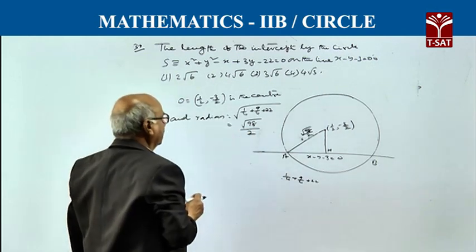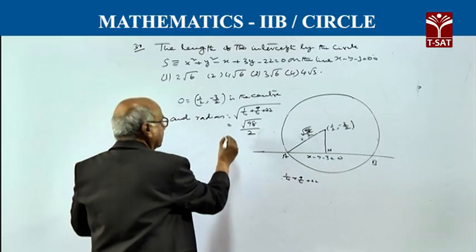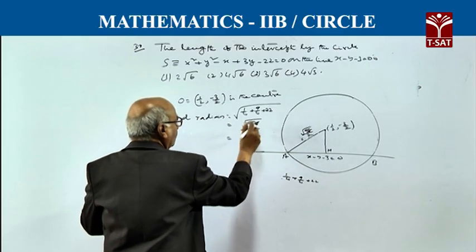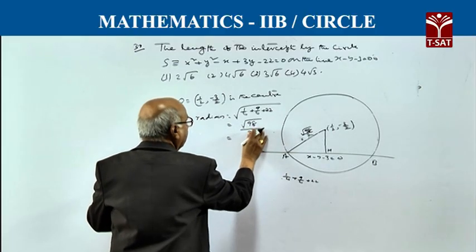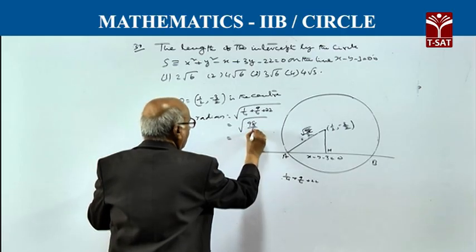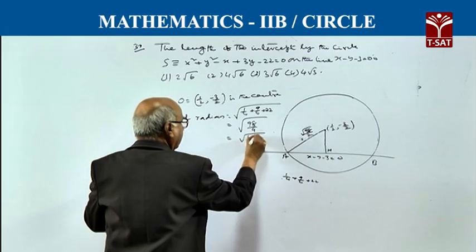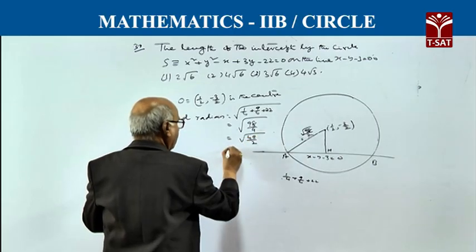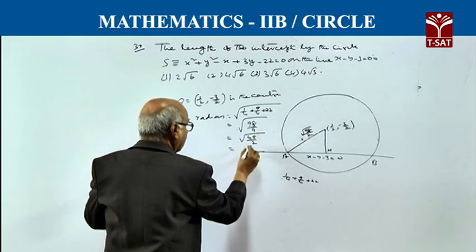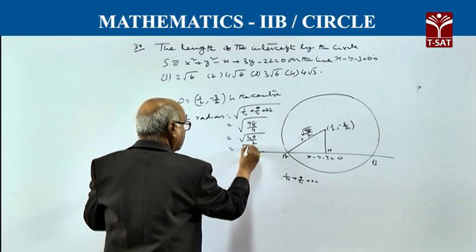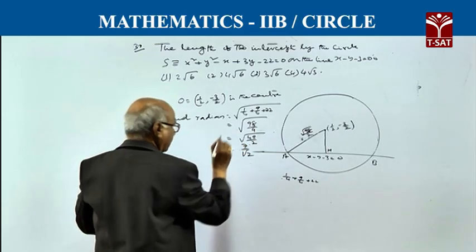Or this is same as, you can write, root 98 by 4, which can be written as square root of 49 by 2, or that is you can write as root 7 by root 2.